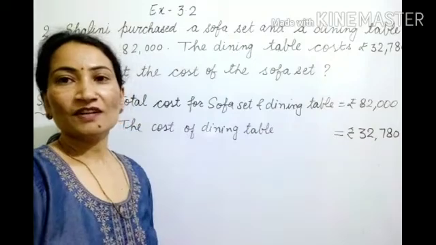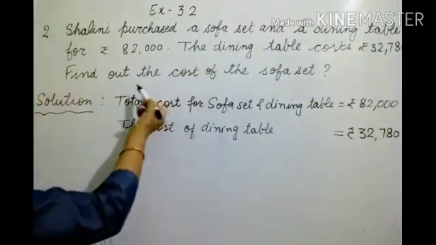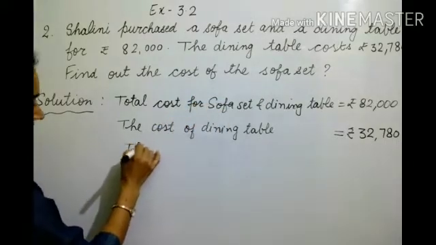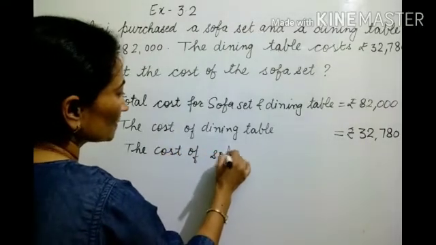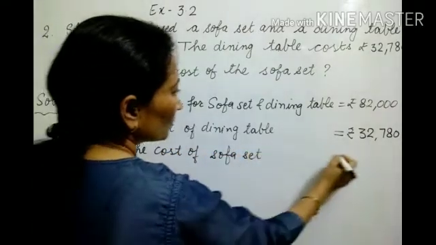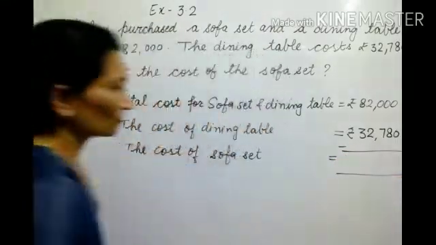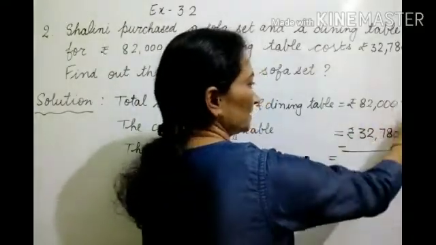Whatever operation you are doing, do it right. So you want to find out the cost of the sofa set. So write down the cost of the sofa set, which is equal to, you have to subtract from the total the cost of the dining table, then you will get the cost of the sofa set.